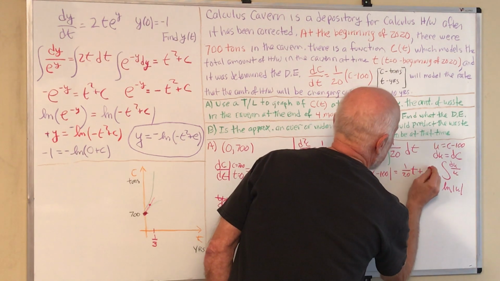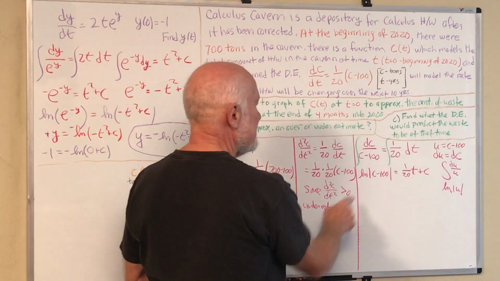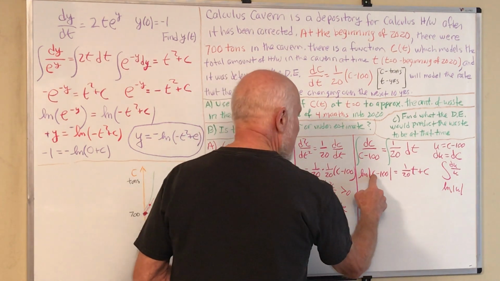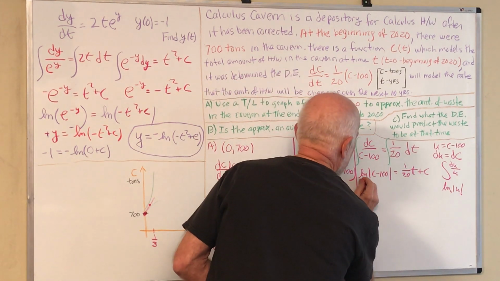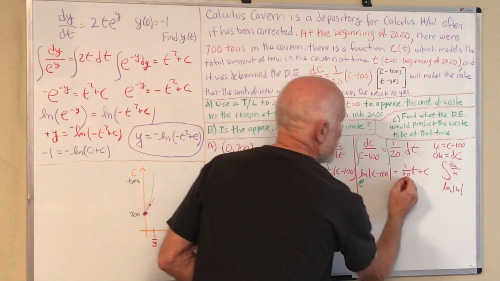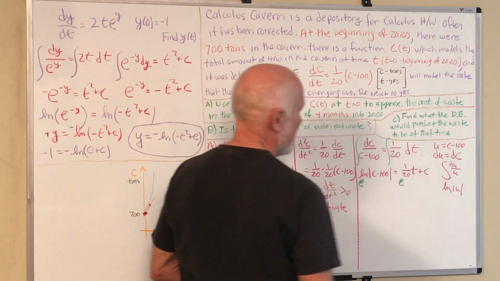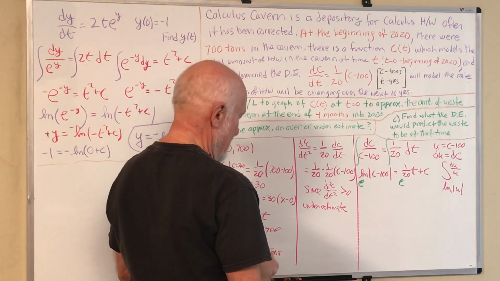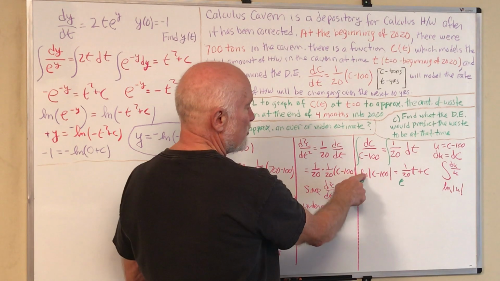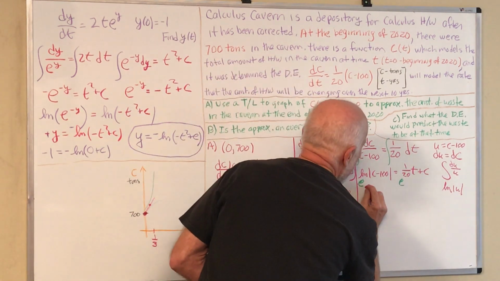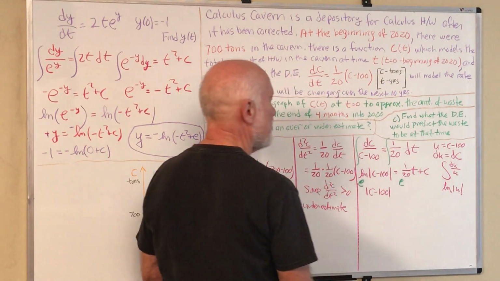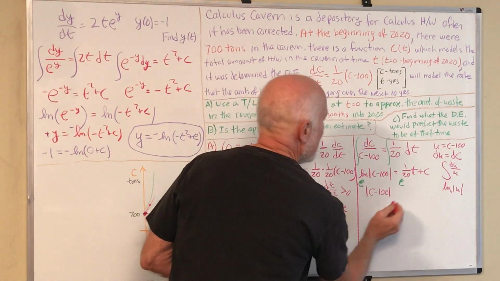t plus c. And then to get rid of the natural log, I'm going to say if this equals this, then e to this number should equal e to this number. And then, since e to the x and natural log of x are inverse functions, I can just call that the absolute value of c minus 100.